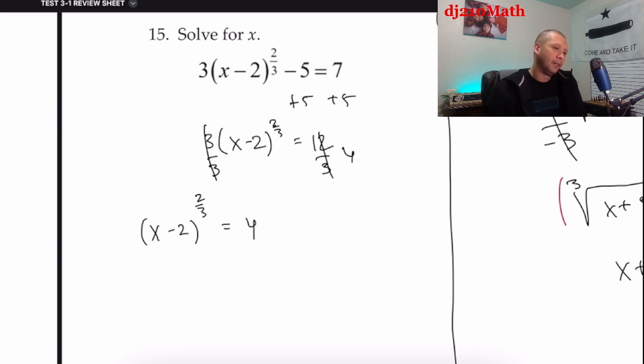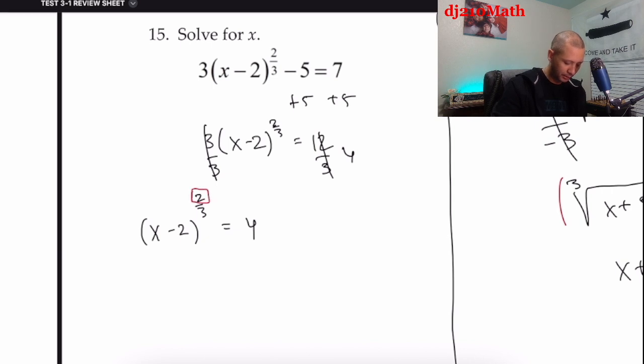Okay. When the exponent is a fraction, it's not so clear, right? Because you could just do the reciprocal, 3/2, to both sides and think, oh yeah, it's good. However, there's a little bit of analysis that has to happen.